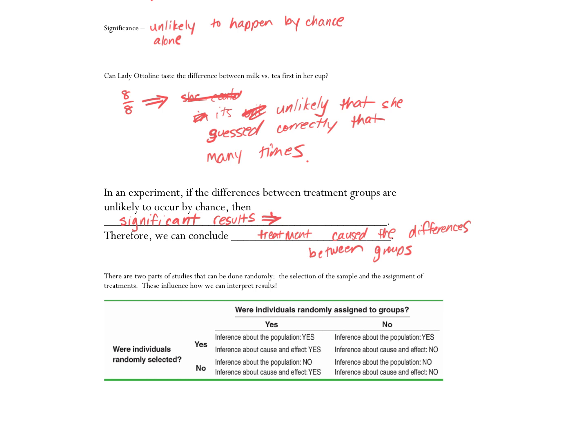If that's the case, the selection of our participants is random. The other thing we want to know is, did we have randomly assigned treatments in a controlled experiment? If we have that, then we can conclude cause and effect. So there's two things going on when we talk about scope of inference. Who can we conclude about? And what can we conclude?